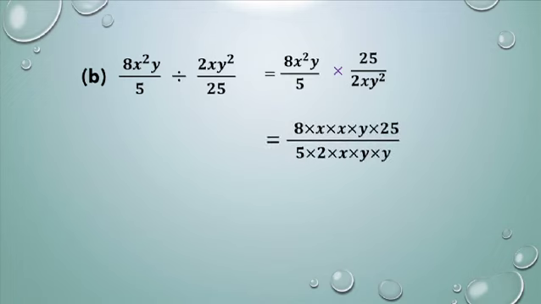So writing it in expanded form first, and then we cancel 5 with 25, giving me 5. 2 will cancel with 8, giving me 4. X cancels with x, and y cancels with y. So in the numerator, I have 4 times x times 5, and in the denominator, I'm left with y. So this gives me 20x over y.